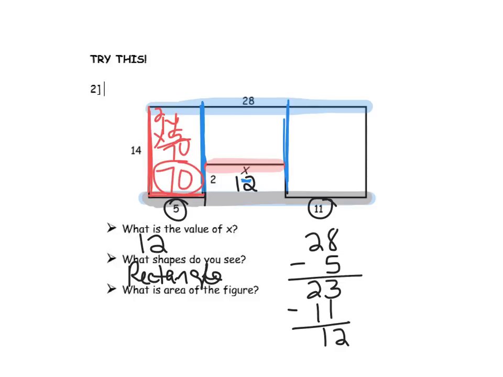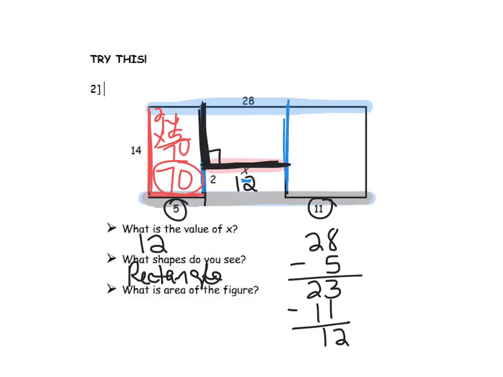Okay. Now, the next one, we have this dimension, but we also need this dimension. Well, they didn't ask us for that missing side, but we could find it because those are your base and height. Those are two lines that are perpendicular, so it creates a right angle.